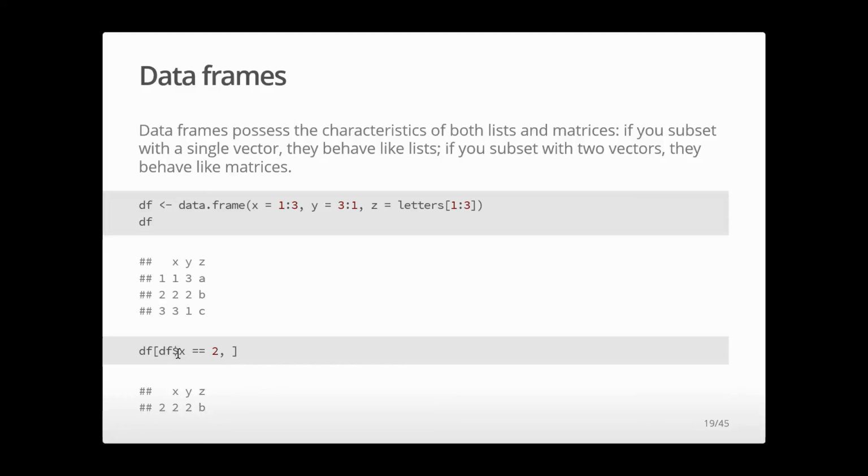That refers to which rows we want, because it's before the comma inside the bracket notation. So that gives me back a data frame. We cannot turn it into a vector because we've got different elements here, right?